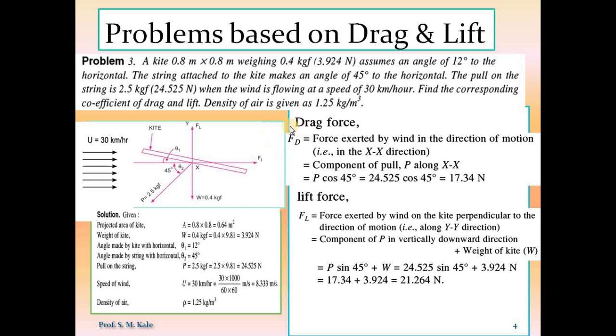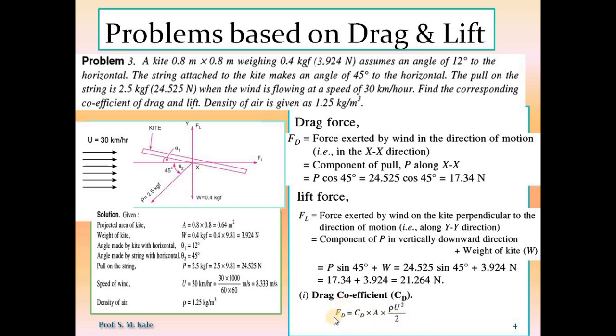Now here I have calculated the value of total drag and total lift acting on the kite, but in the problem I have to calculate the coefficient of drag and coefficient of lift, that is the values of CD and CL. So for calculation of CD and CL we will use the equations of FD and FL. We know the formula for drag force, FD is equal to CD A rho U square upon 2.